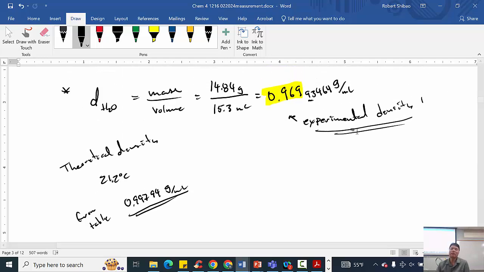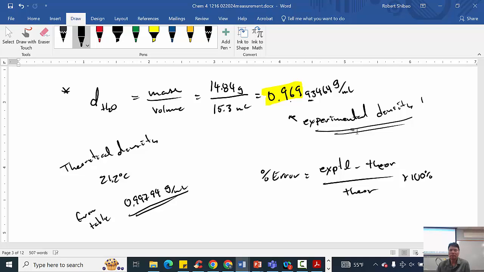Now what we're going to see is that our experimental density and our theoretical density are off a little bit. Do you see that? So we're going to calculate the percent error. The percent error is equal to the experimental minus the theoretical, divided by the theoretical, times 100%.